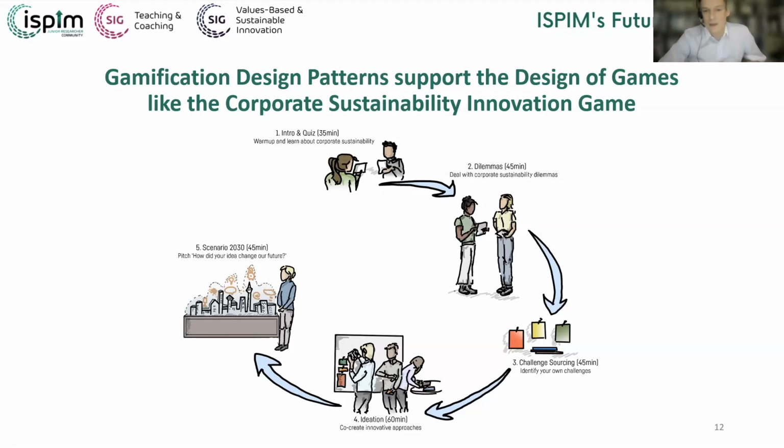This whole game, and actually it was initially designed in the Corona times, right, as a pure online activity. So all the templates and the materials you can download from the Gamify website, and I think also from the UX Berlin website by now, and it's all available there.